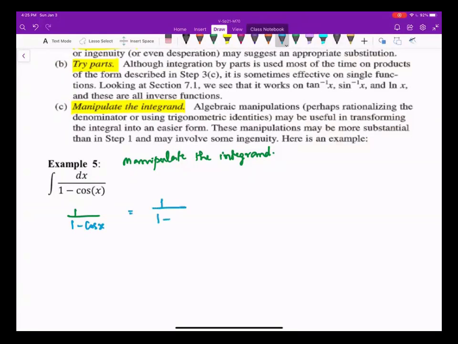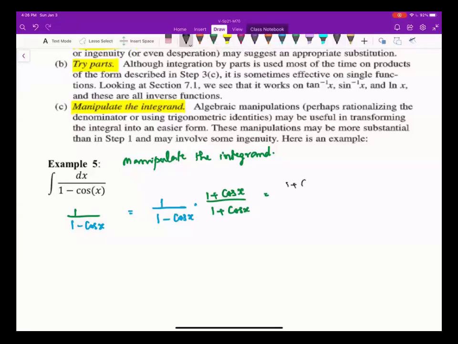If we keep it like this, then we need sin x in the numerator if we have to apply some kind of substitution method. As we don't have sin x in the numerator, we can consider multiplying and dividing by the conjugate of the denominator, which is 1 plus cosine x. I'm pretty much multiplying the given expression by 1, so I'm not changing it.